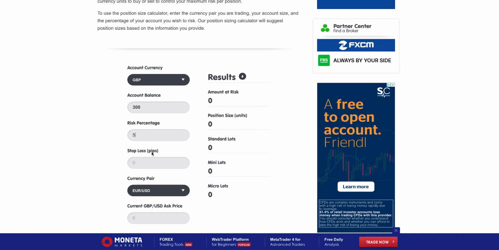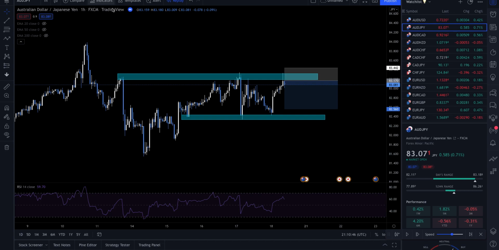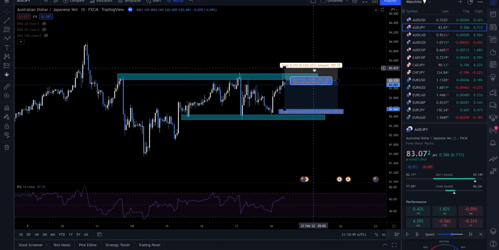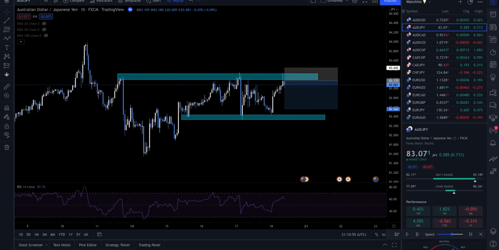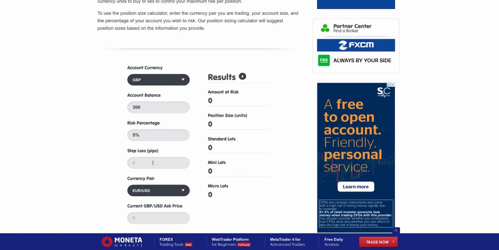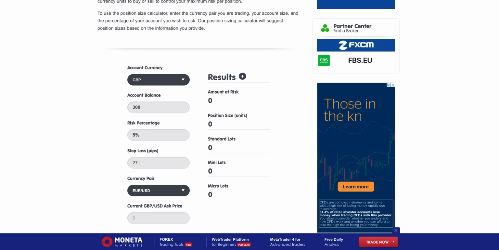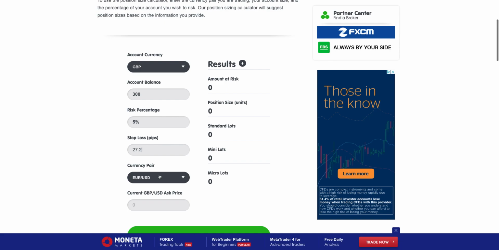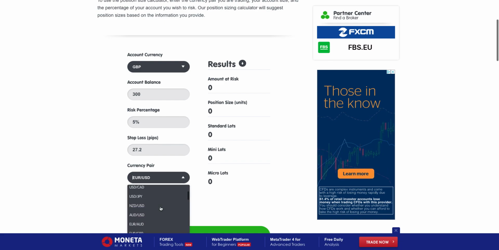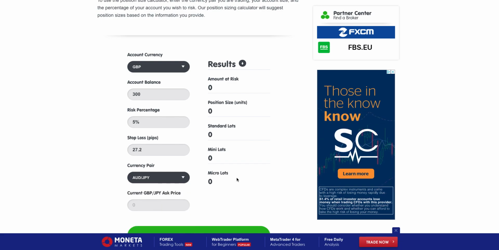And it says stop loss in pips. So if we go back onto TradingView, we identify that our stop loss is 27.2 pips away from where we are entering the trade. So we'll go back onto Baby Pips Position Size Calculator. We will type in 27.2 pips, and the currency pair we are trading was AUD JPY. So we'll scroll down this list and find AUD JPY.